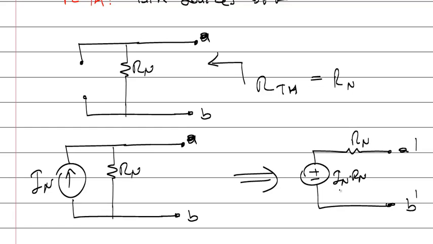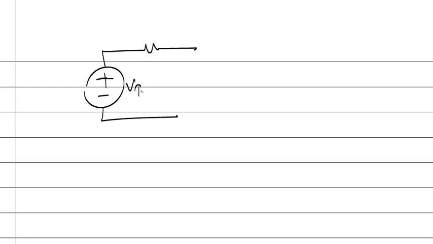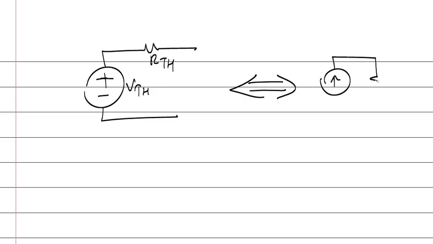Okay, you can replace that circuit. So you can make that transform in two ways. If you have a circuit in Thevenin shape or in Norton shape. Okay, you can make this transform in both directions.